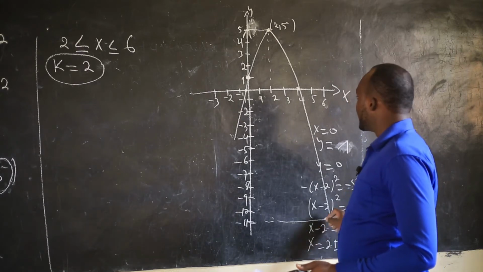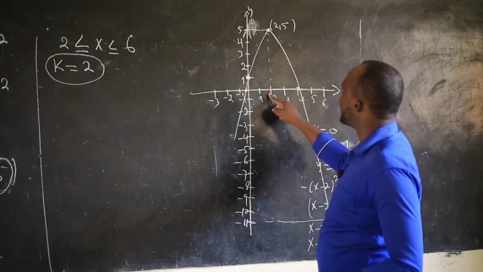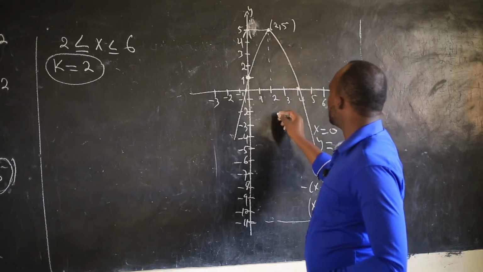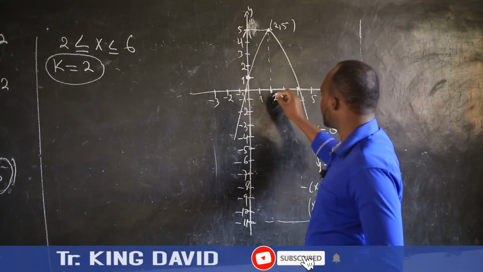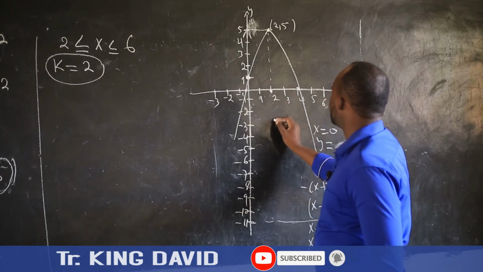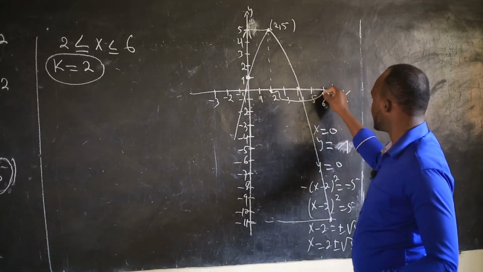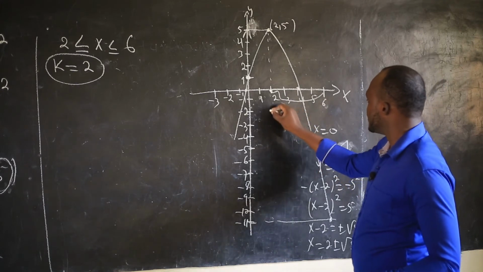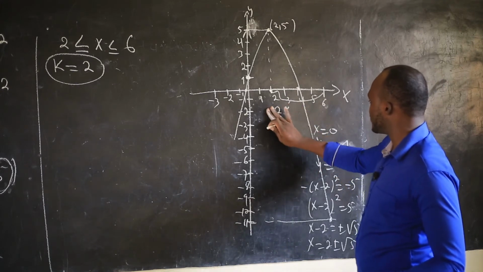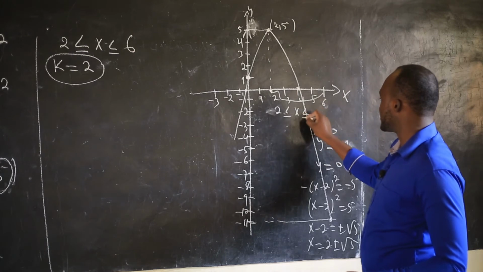And you see this 2 is the one giving us the maximum value. So the domain is from 2 to 6. That's the domain: 2 less or equal to x less or equal to 6.